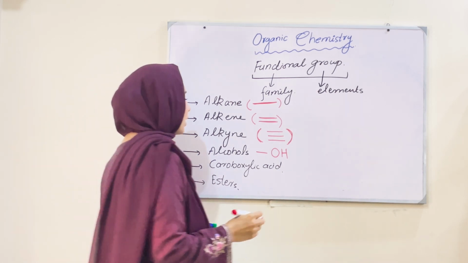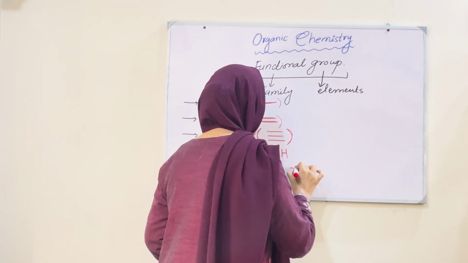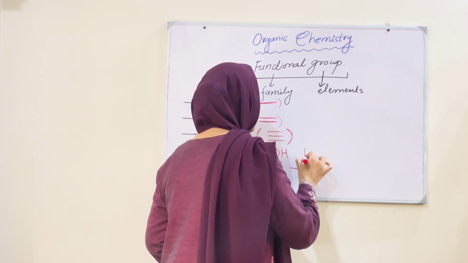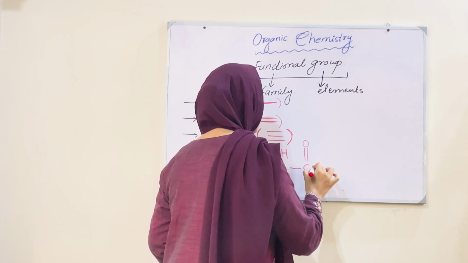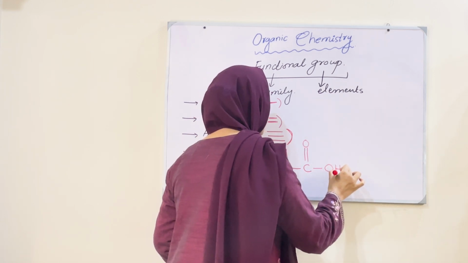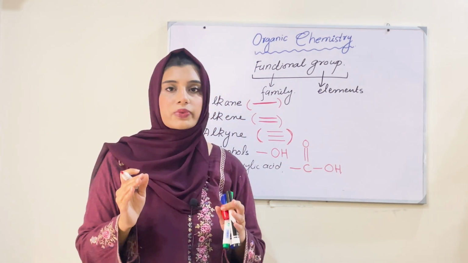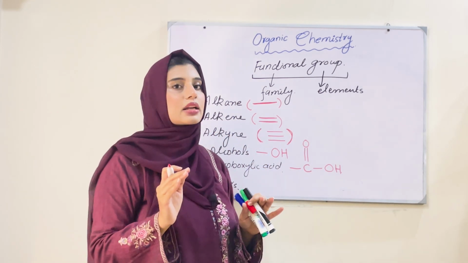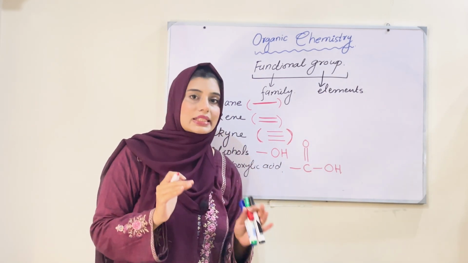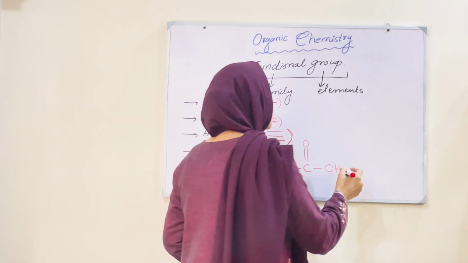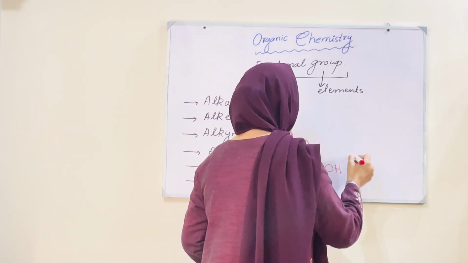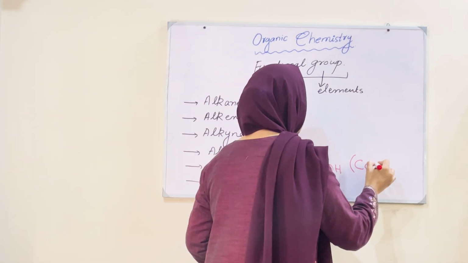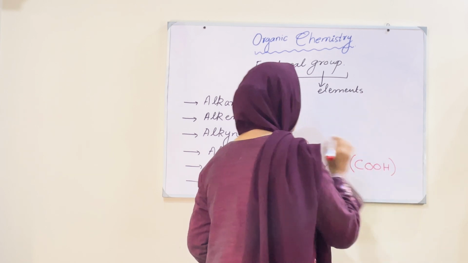After that, we have carboxylic acids. Carboxylic acids will have C double bond with O, and then OH. Whenever you observe this, it is a representation of carboxylic acid. It can also be represented as COOH.